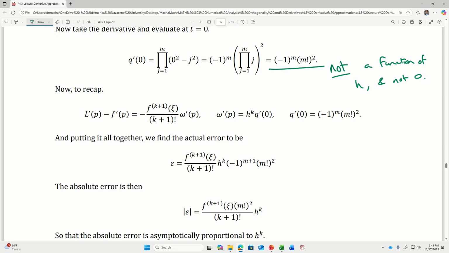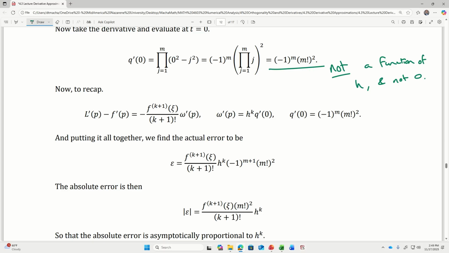And if it's not a function of h and it's not 0, then it doesn't mess up the whole proportionality thing. So to recap, we had this error formula that we got from Lagrange, and then we had this made-up definition of omega prime of p, and it's proportional to h to the power k. This q prime of 0 turns out to not be 0, so it doesn't mess up everything, and it's also not a function of h, so we don't have anything else to worry about.